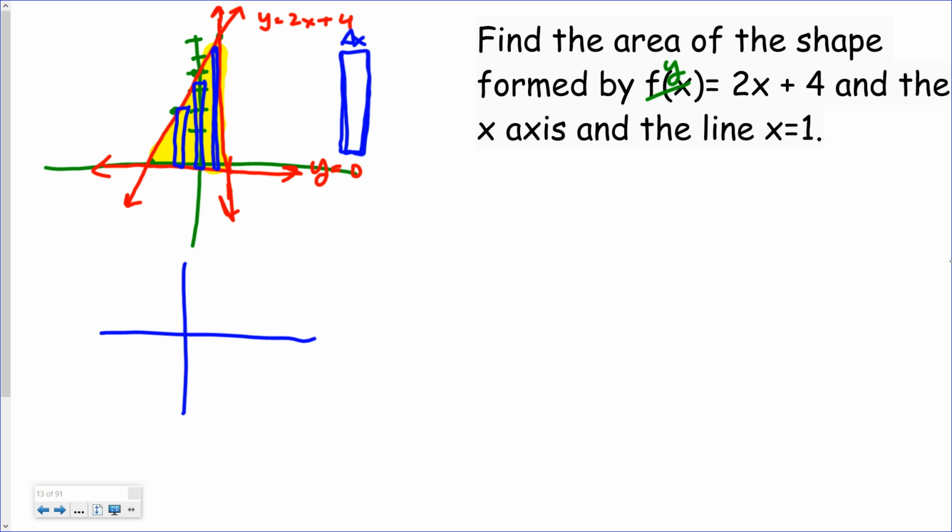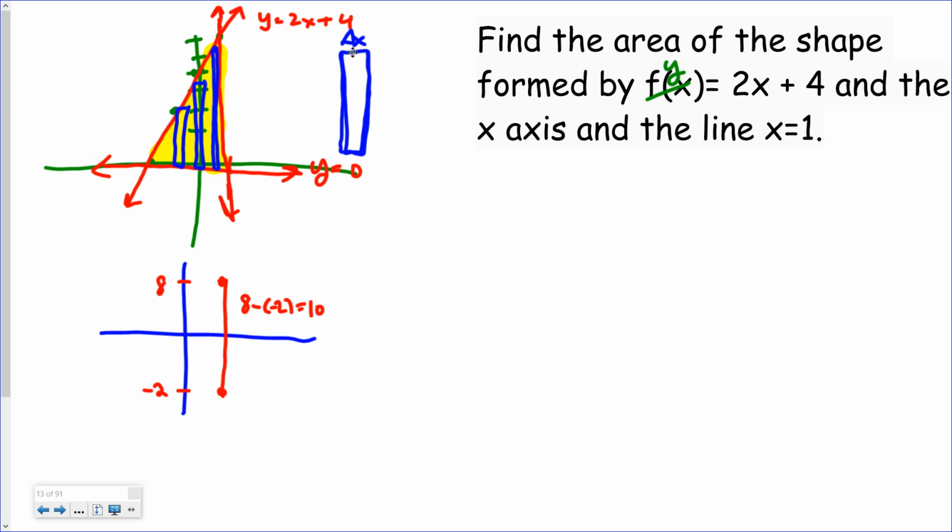If I had a graph and I wanted to know the height of this line from this point to this point, and let's say this point is 8 and this point is negative 2, then what is the length of this line or the height of this line? Wouldn't that be 8 minus negative 2? Right? So the height of this rectangle, wouldn't it be this y value minus this y value?